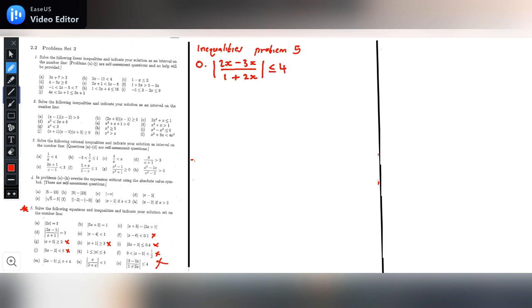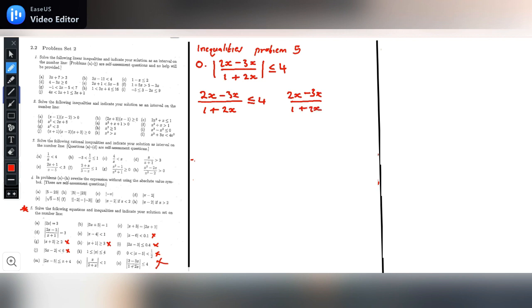Nothing has changed. We just follow the same procedure, the same steps. We are going to have 2x minus 3x all over 1 plus 2x, 4. And the second one, we know what we have to do. We write everything inside the absolute value the way it is.